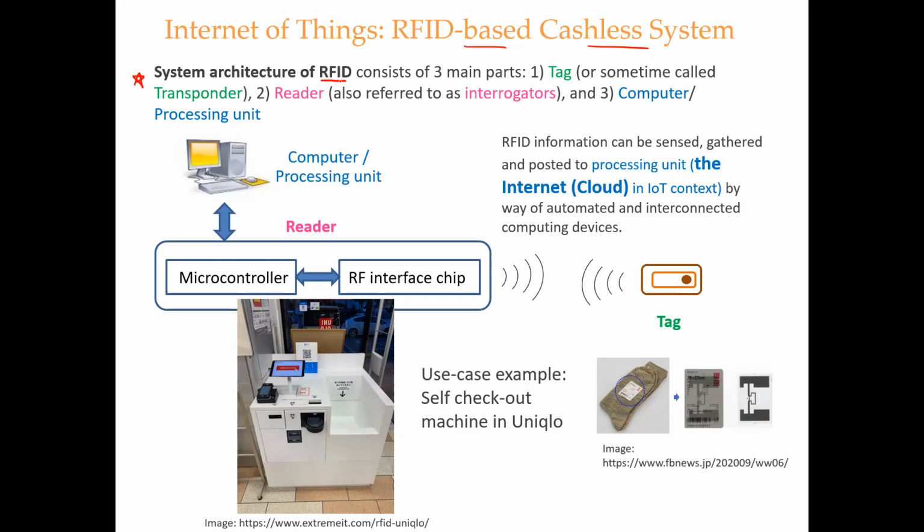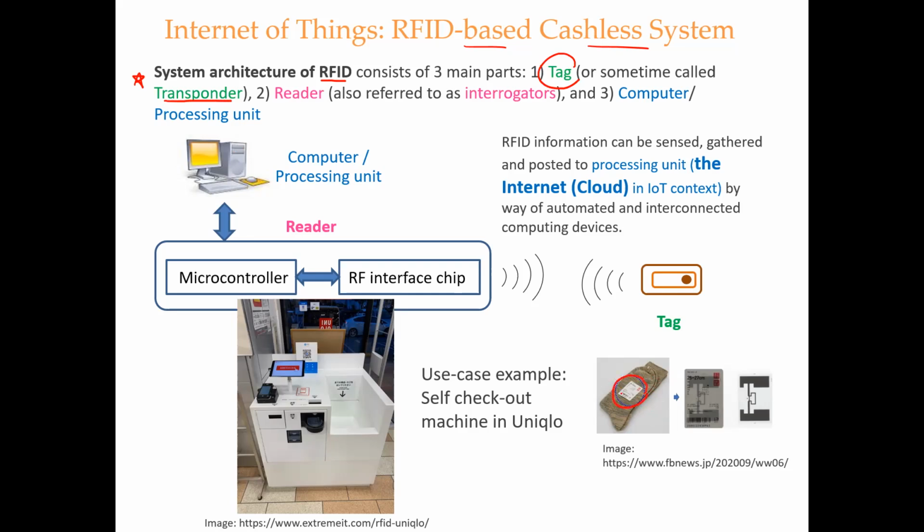Okay, so the system architecture of RFID is very simple. There are only 3 components in the system. One is the tag. The tag is sometimes called a transponder, and it is attached to the product like this.